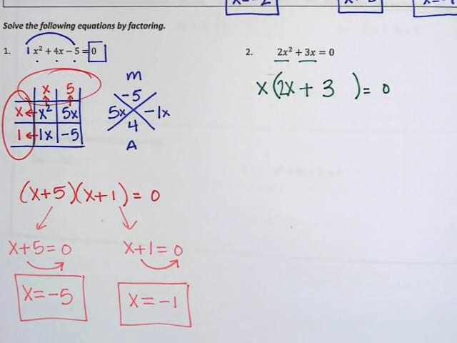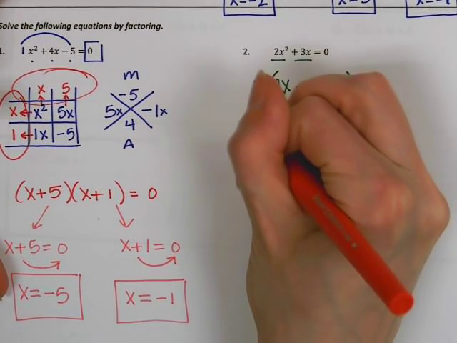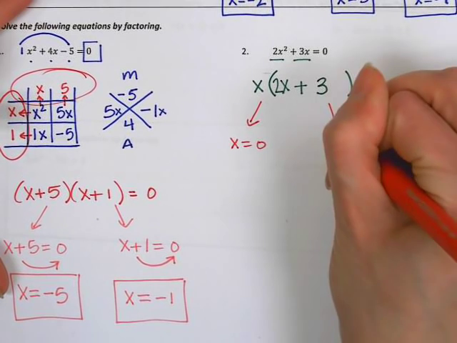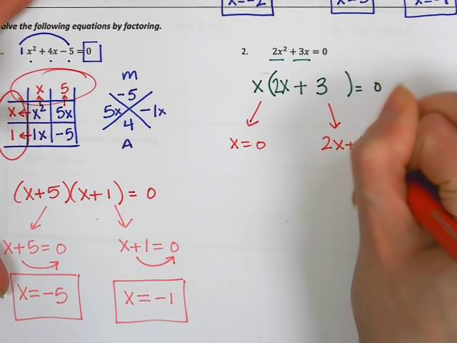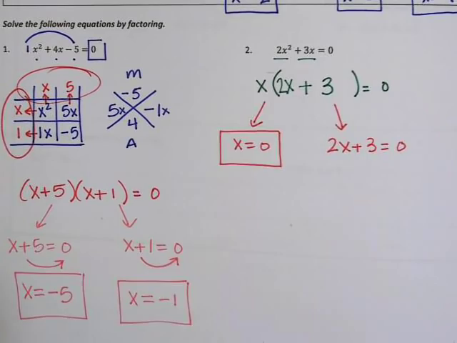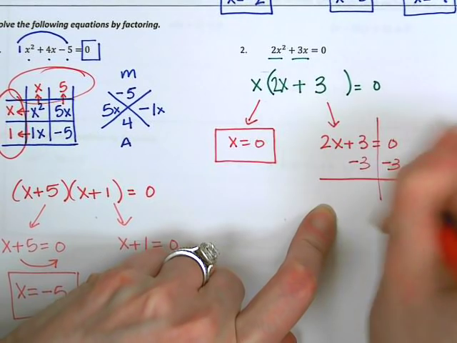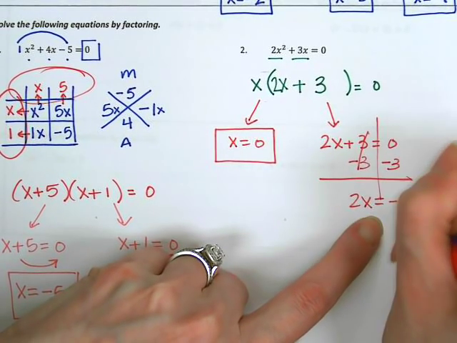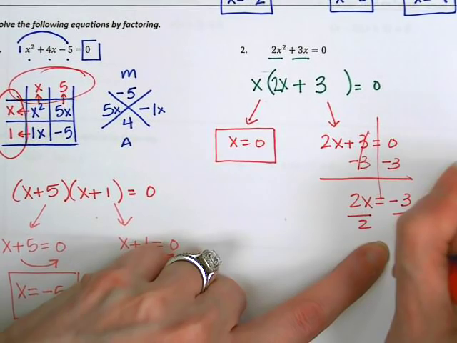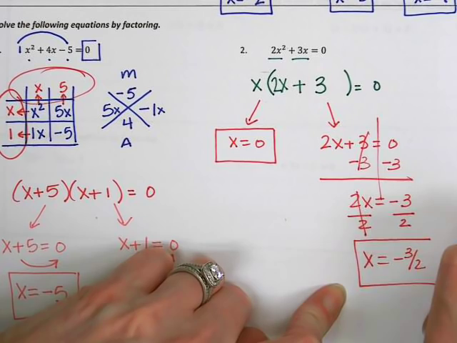So remember factoring out the GCF. And now, let's use our 0 property. Either x equals 0 or 2x plus 3 equals 0. And then this one's already solved. This one you have to actually solve by subtracting the 3. We get 2x equals negative 3, and then dividing by 2. So x equals negative 3 halves. Those are our two solutions.